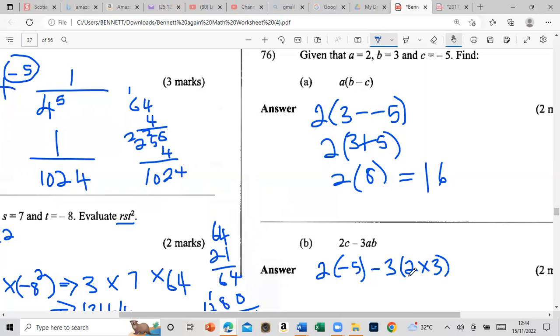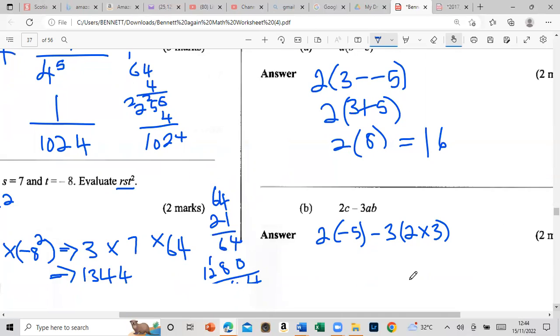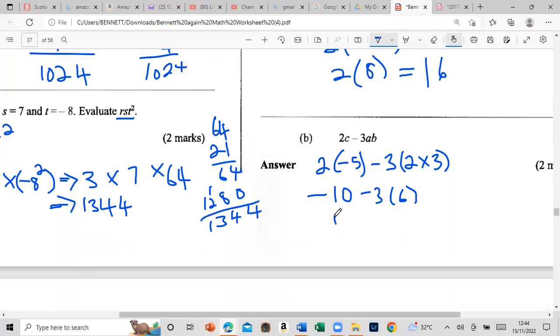If you do not put it in a bracket, it's fine. Alright, so multiply first. 2 times negative 5, a positive times a negative is negative, so that's negative 10. Then 2 times 3 is 6, let me just write this so people can see. So it's negative 10, minus 18, so both of them add, it's negative 28.